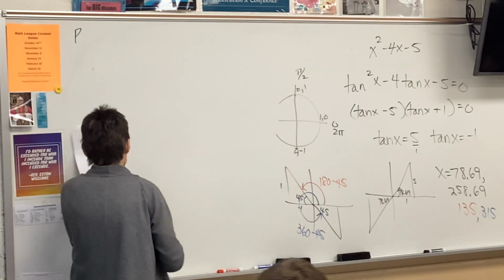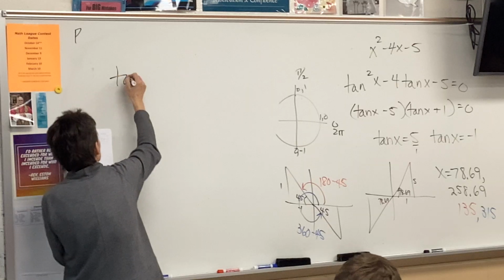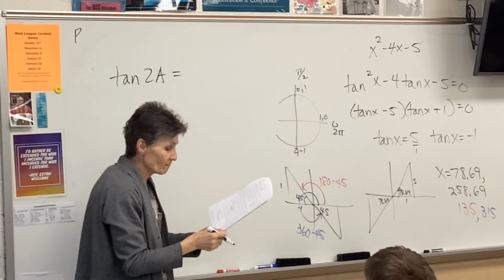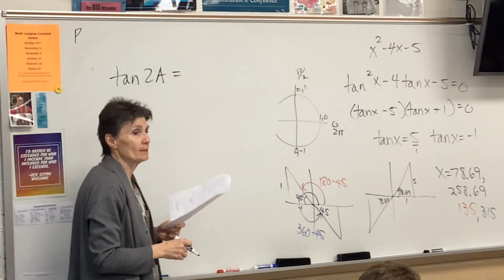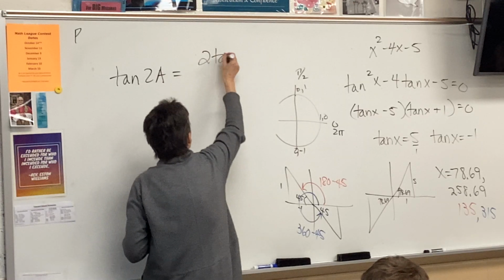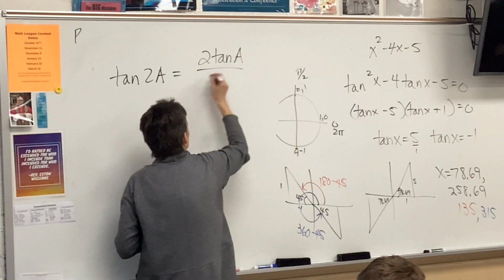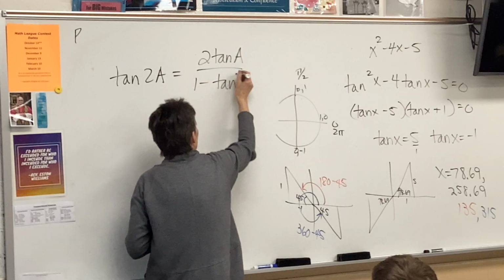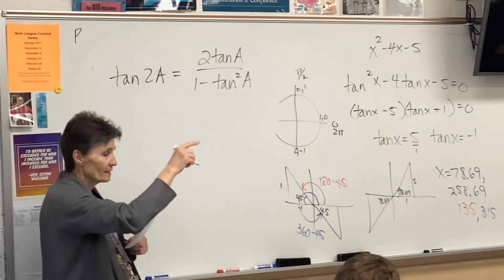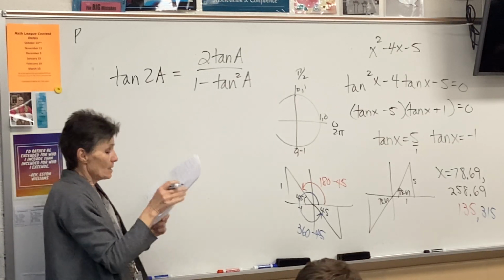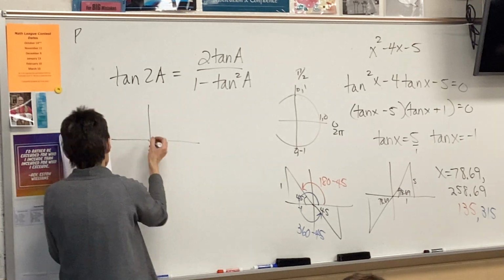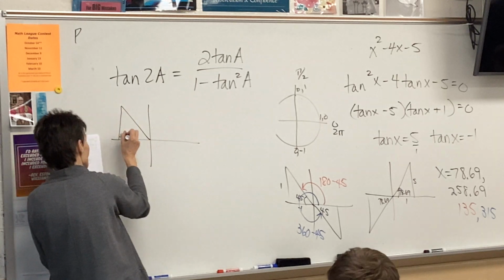So it says, find the tangent of 2A. Stop right there. What's the formula for the tangent of 2A? 2 tan over 1 minus tan squared. Yep. There it is. Write that down. Whatever the formula is, write it down. Now, it says A is in quadrant 2.